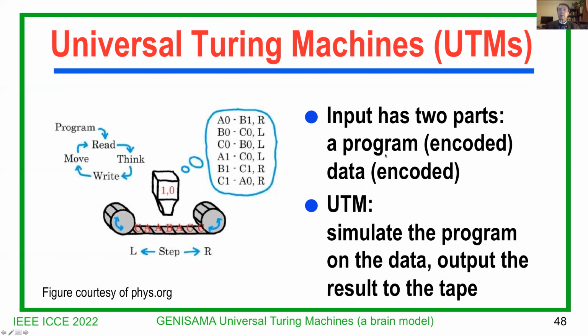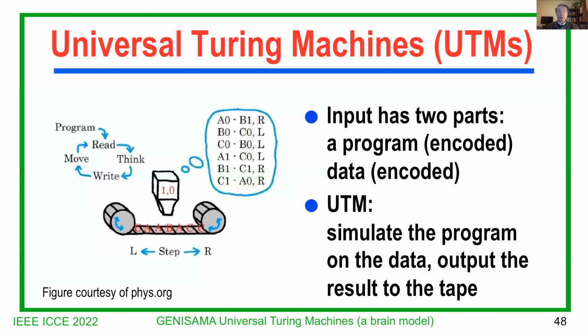You are supposed to simulate the action of that program running on the data, then output the result of the program on the tape. Because the program can be written by anybody, it's open-ended, and the data could be provided by anybody.